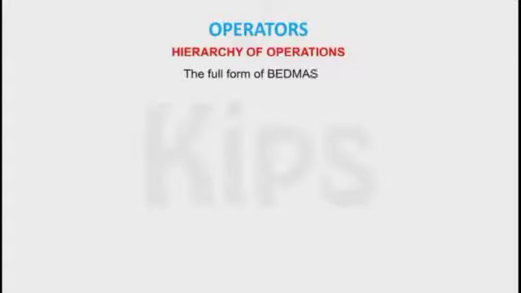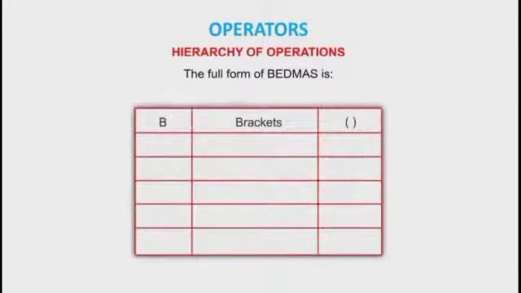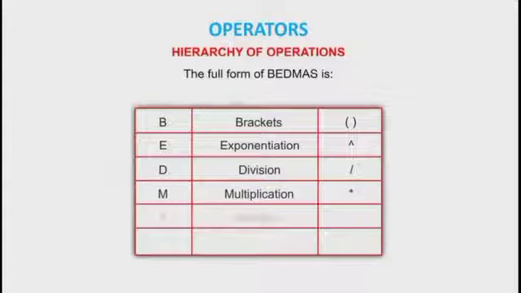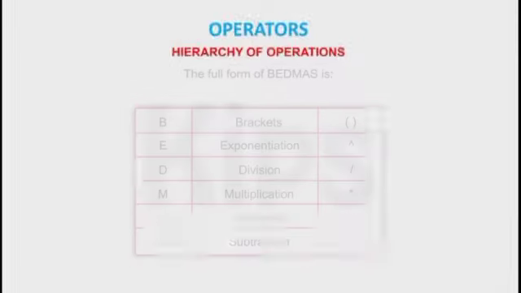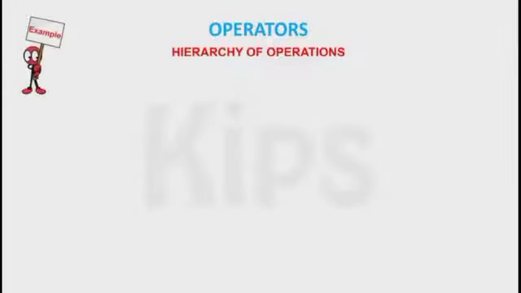The full form of BEDMAS is: B is bracket, E is exponentiation, D is division, M is multiplication, A is addition, and S is subtraction. Let's see one example. Solve the expression.